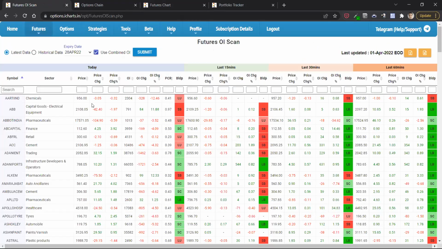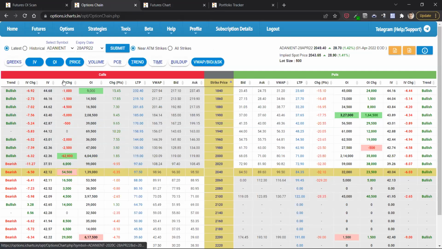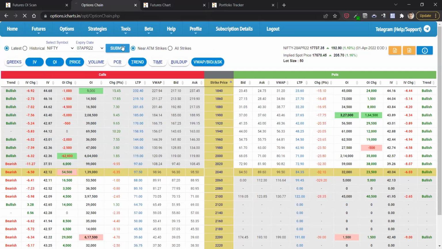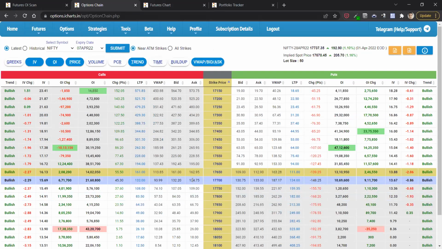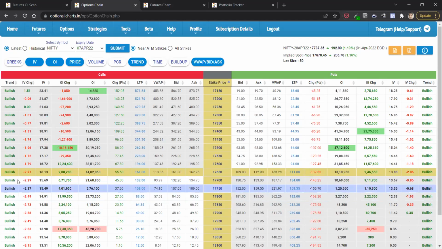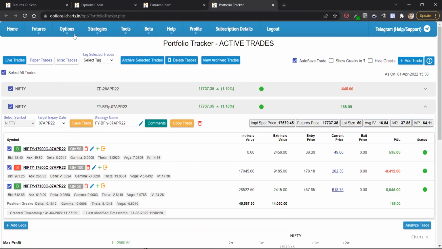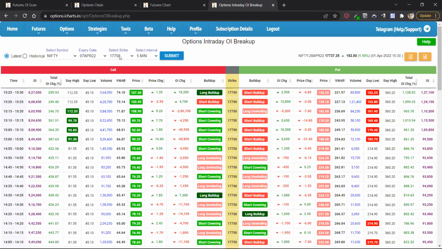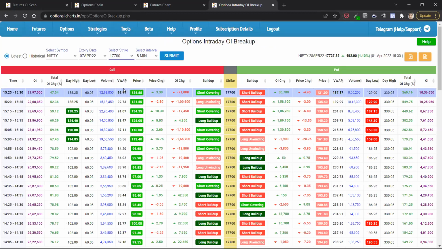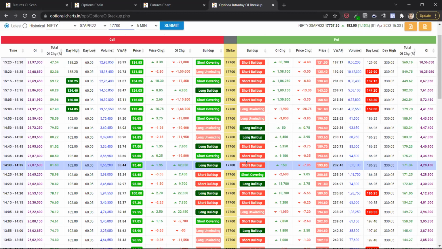Okay, so that is it for this. Let me quickly give you a brief overview of the intraday approach I was suggesting. In the morning, after the market opens and OI starts updating after 9:18, you can take a look at the trend interpretation here. If it is bullish, you go to the options OI breakup and take a look at whatever is at the money at that point in the morning.